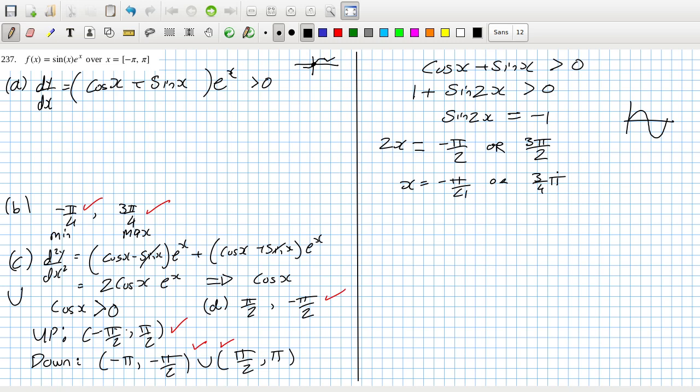Okay. So increasing, decreasing. If we look at slightly after minus pi over 4, like if we put in 0 it's positive, so this should be the increasing one.